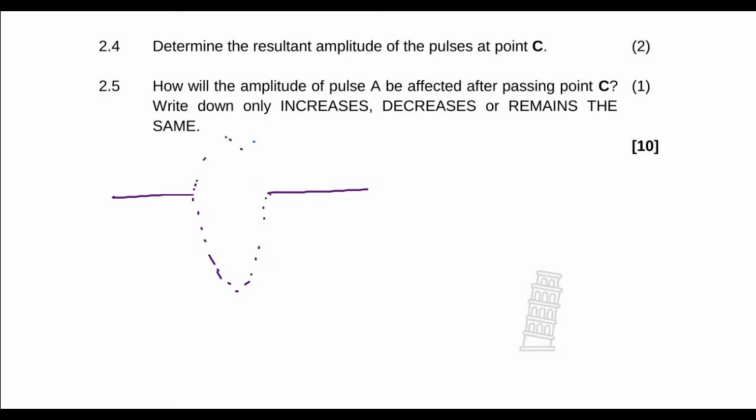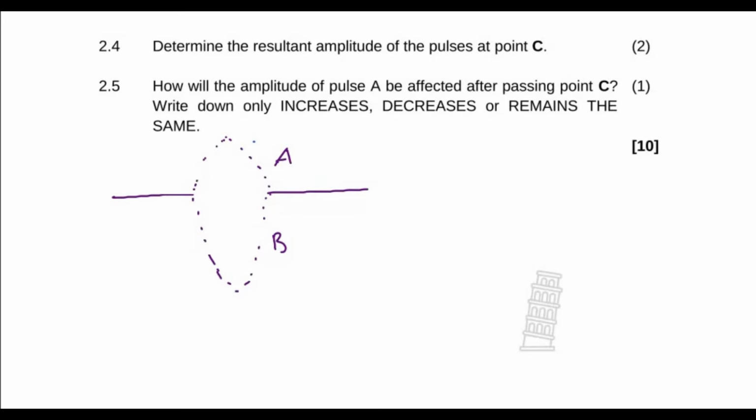So we also have the amplitude of B. This is A, and this is B. But when they meet, their amplitudes add.